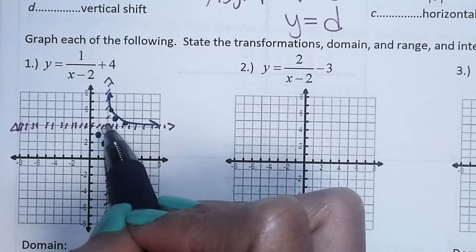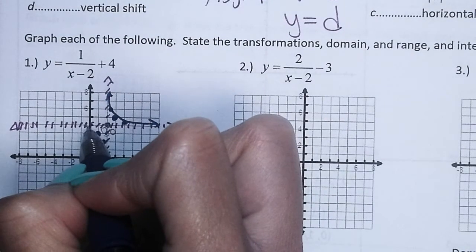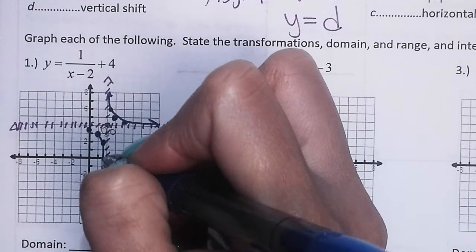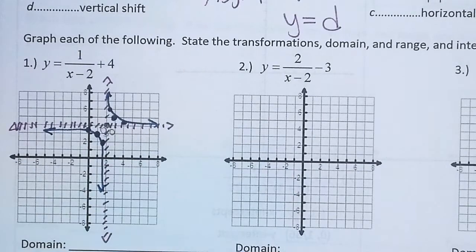So from this new origin, I'm just going to go to the left 2, down half. And connect the dots like that. And that's how you graph a reciprocal function that has been shifted. This one only has shifts, vertical and horizontal. That's how it looks.